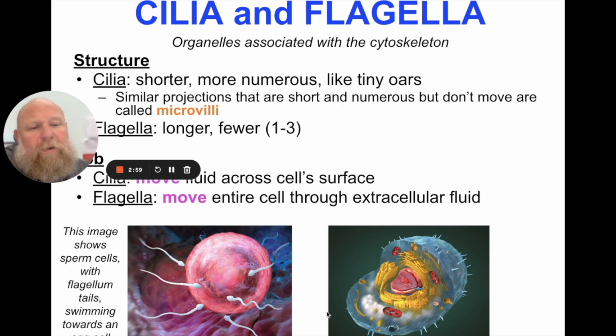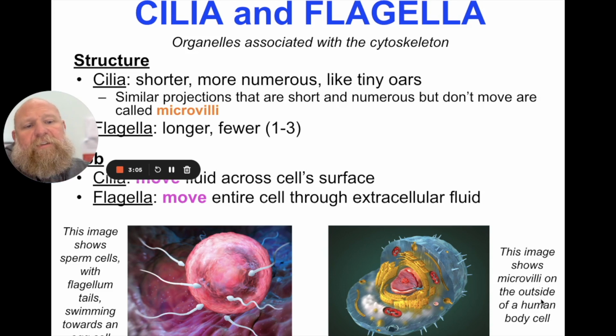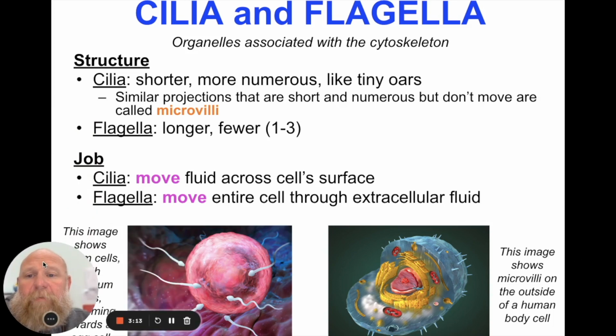And then over here, this image is showing the microvilli on the outside of a human body cell. So basically the microvilli is similar to the cilia, and it's going to look basically the same. Okay, but the job here is to move fluid across the cell surface, whereas the flagella is to move the entire cell through extracellular fluid.